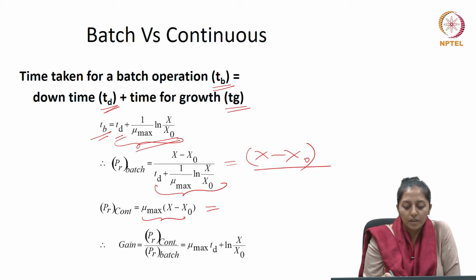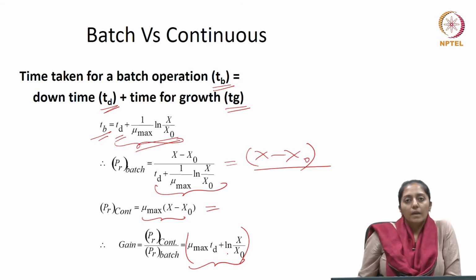Now, x naught here is the biomass concentration in the feed, which is generally sterile, but still let us keep it as it is. Then if you want to know the gain in productivity while running a continuous reactor versus a batch reactor, we divide the productivity obtained in continuous by the productivity obtained in batch, and this amount is the gain in productivity when we run a continuous reactor.